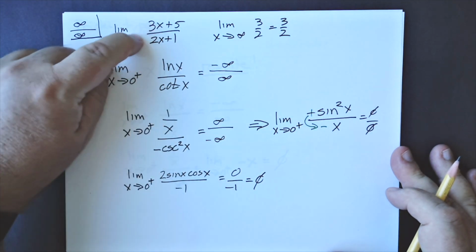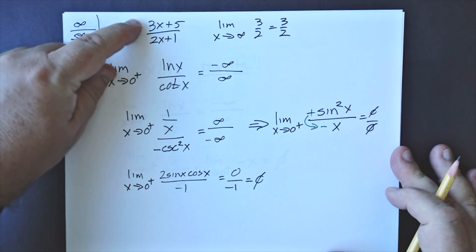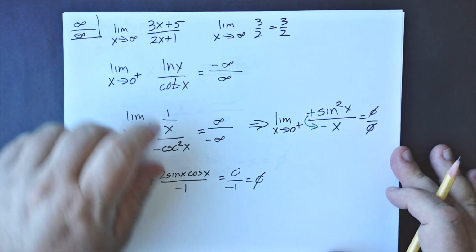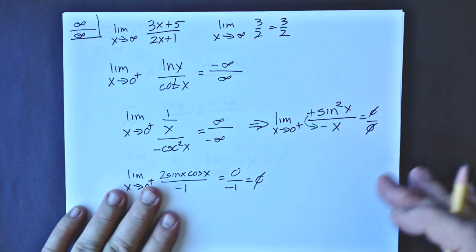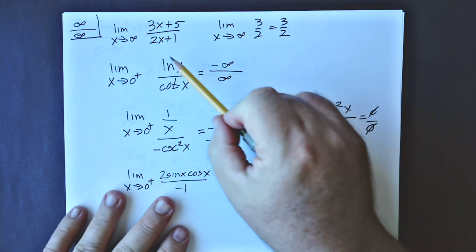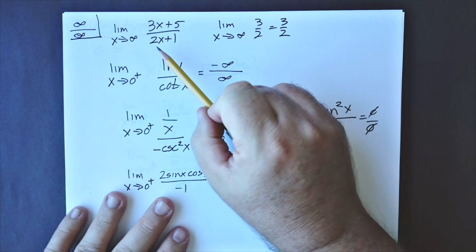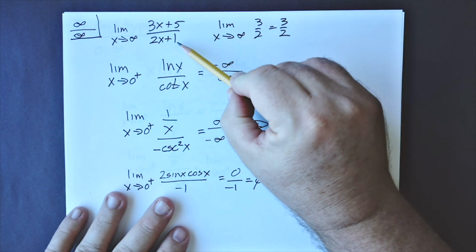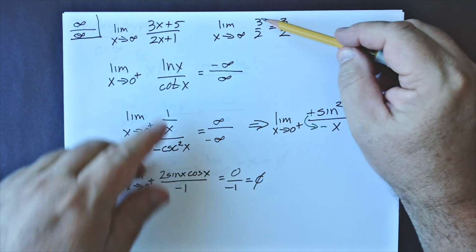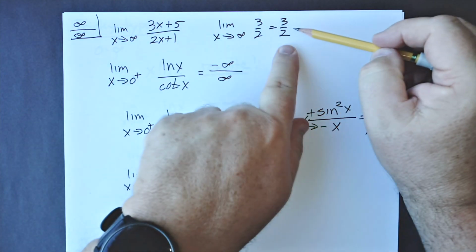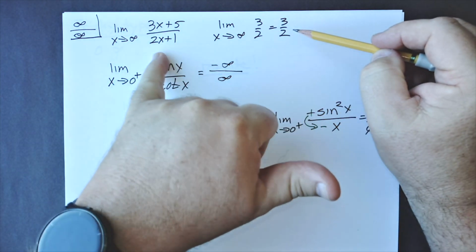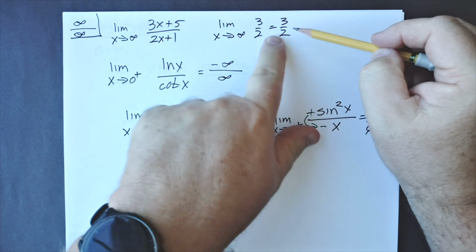Remember we said, oh, it's just the ratio of the coefficients if the degree is the same. Well, look, that's because of L'Hopital's rule. So this is infinity over infinity. So I take L'Hopital's rule. Well, this is 3 over 2, and the answer is 3 halves, which you already knew. The end behavior of this function as x goes to infinity is 3 halves.